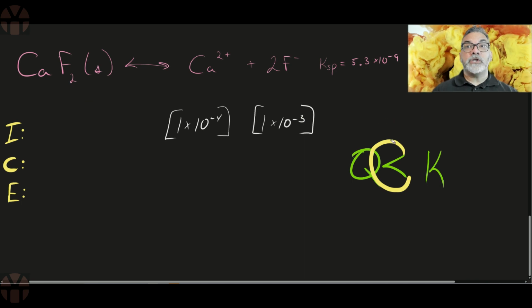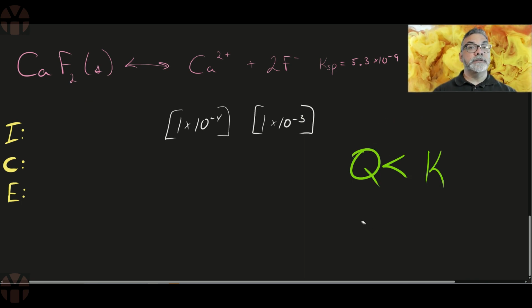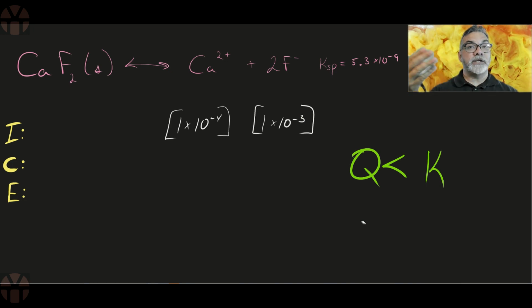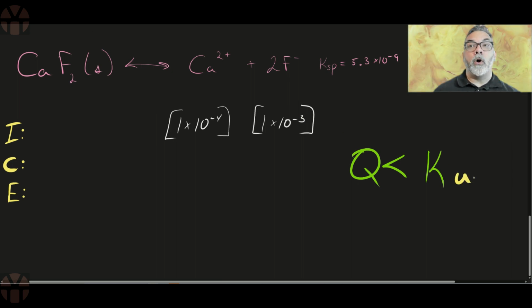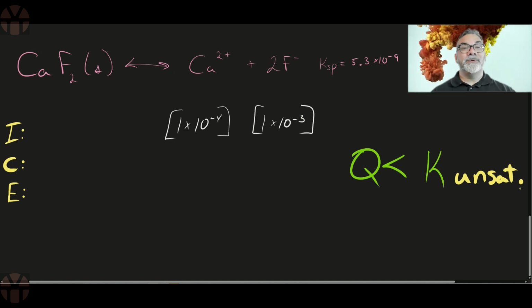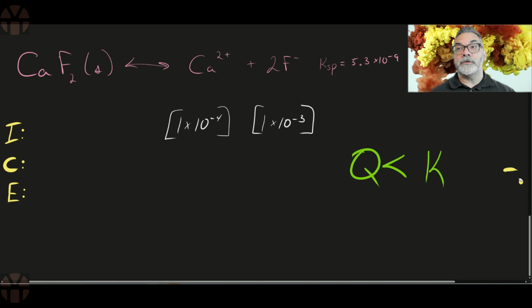As long as Q is less than K, the solution is unsaturated. There still is room to make more of the ions in question.